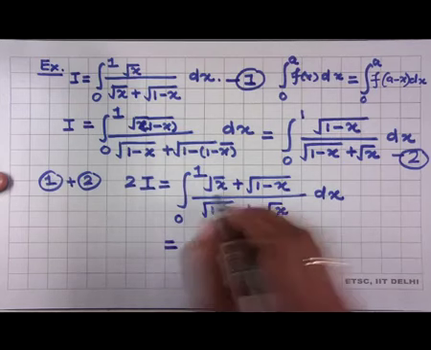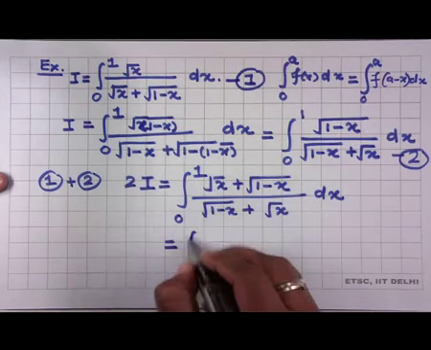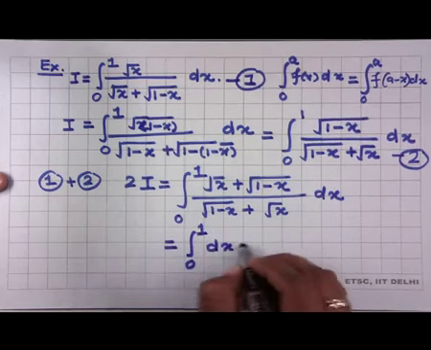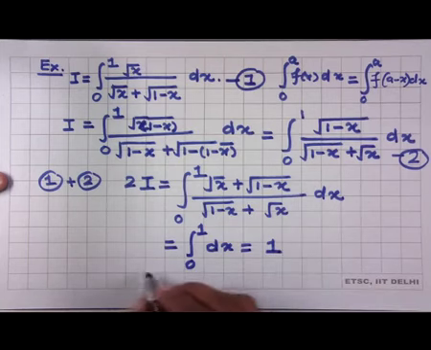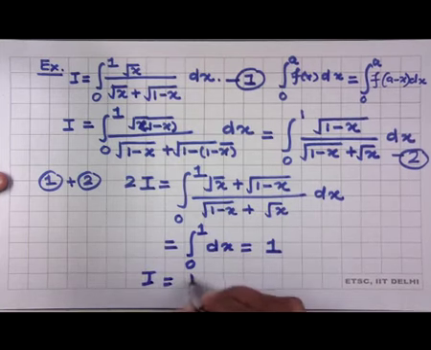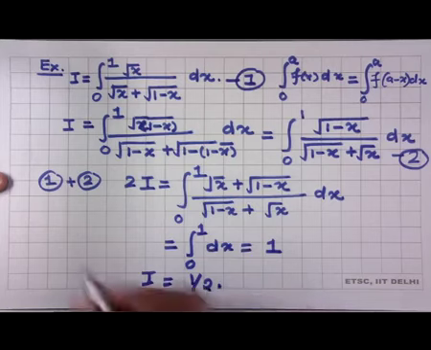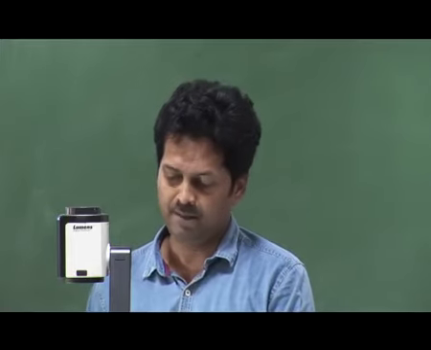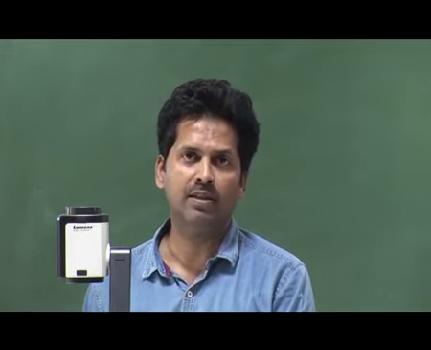So you can see the numerator and denominator are the same, hence they get cancelled. So we get 1 and hence I is 1 by 2. So you can see that the problem seems very complicated, but you can very easily solve it by using the properties of definite integrals.